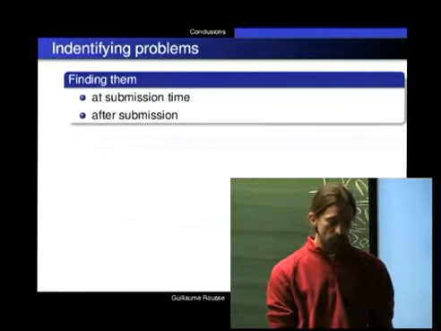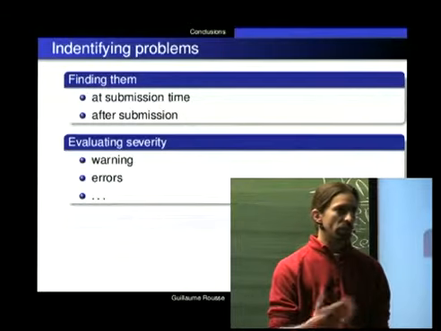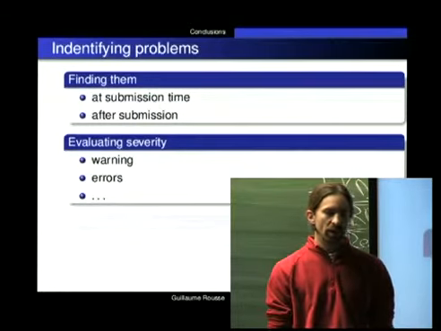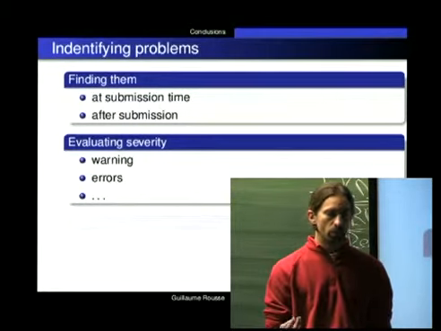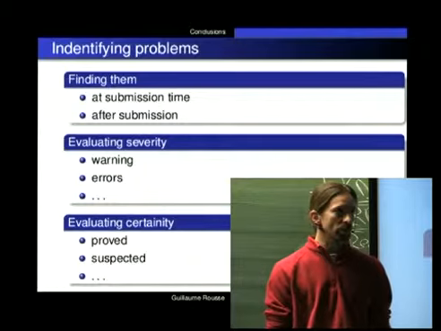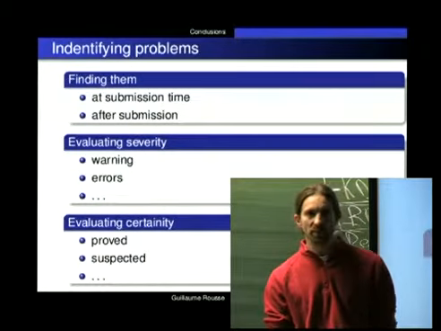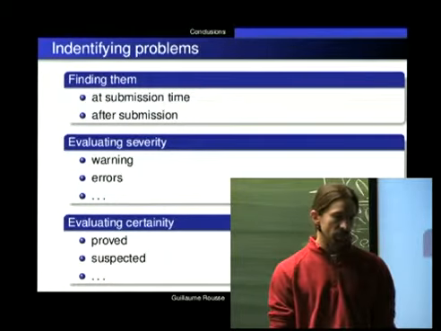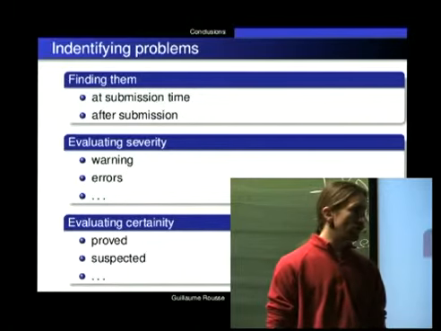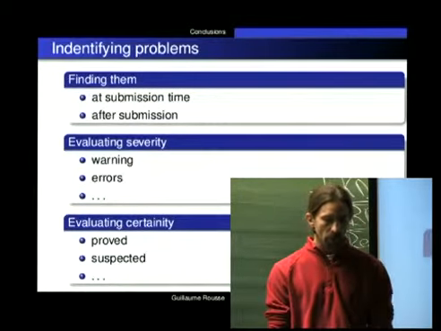Various strategies. Once you find problems, you have to evaluate them, meaning are they varying in severity? Are they just warning, error, intermediate, anything? And you probably also have to evaluate if they're real issues or if they could be false positives, for instance. That's whether you're sure there is a problem or suspect there is a problem.